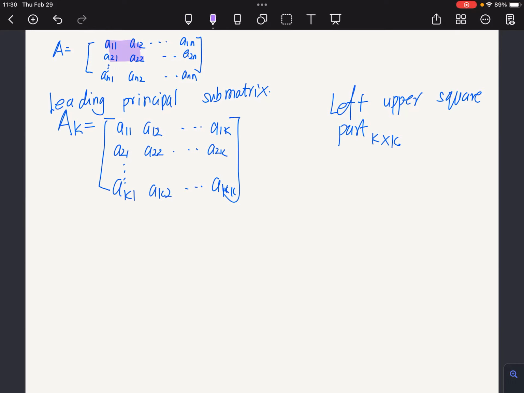Let's take one example. If we want A2, the leading principal submatrix with subscript 2, it is just A11, A12, and then A21 and A22. That's the definition of the leading principal submatrix.